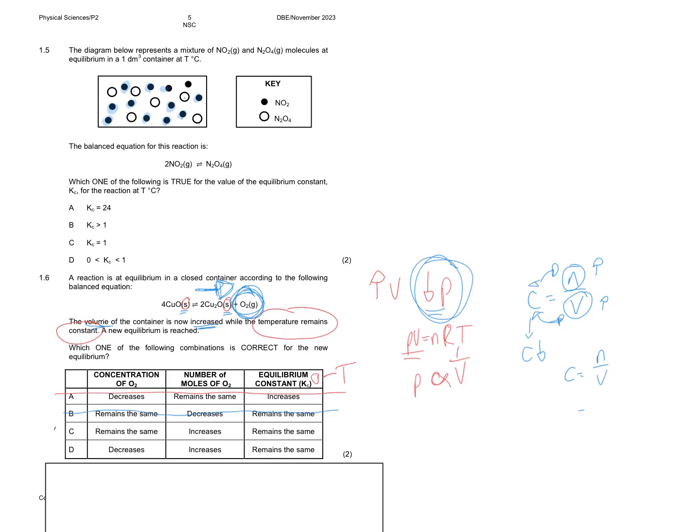If in the beginning this was 2 over 2, and you double them both, 4 over 4 is the same as 2 over 2. 6 over 6 is the same as 2 over 2. So if you increase both of them, the concentration will remain the same. So for this one, the answer is C, because the concentration won't decrease: you've increased the volume, but you've also increased the number of moles of the gas.